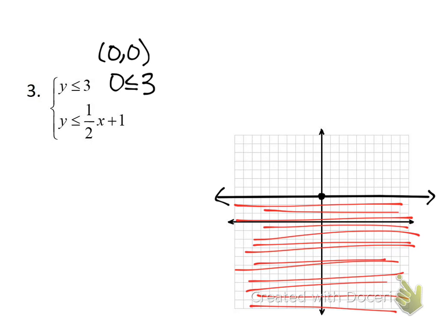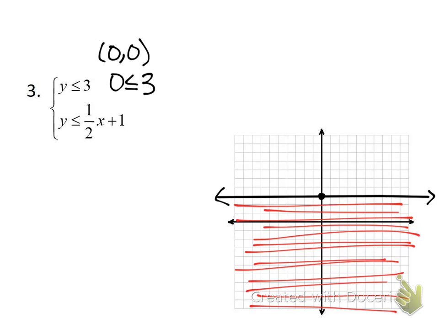All right. On the second line, we've got y is less than or equal to 1/2 x plus 1. On this one, where am I starting my graph? Somebody raise their hand and help me with this one. 1 on the y-axis. I'm going to start at 1 on the y-axis.